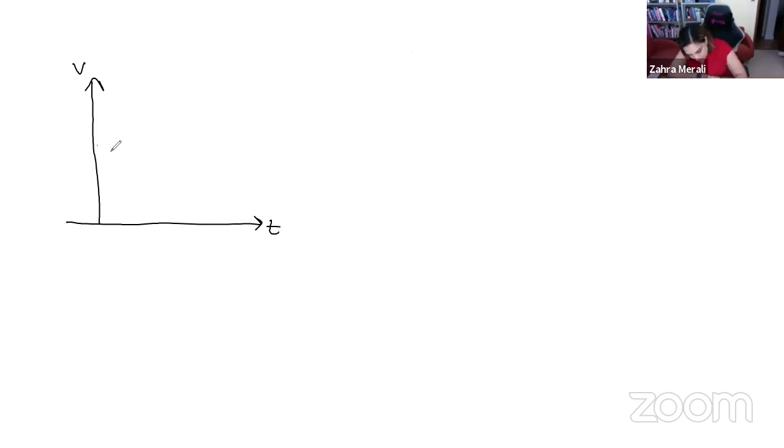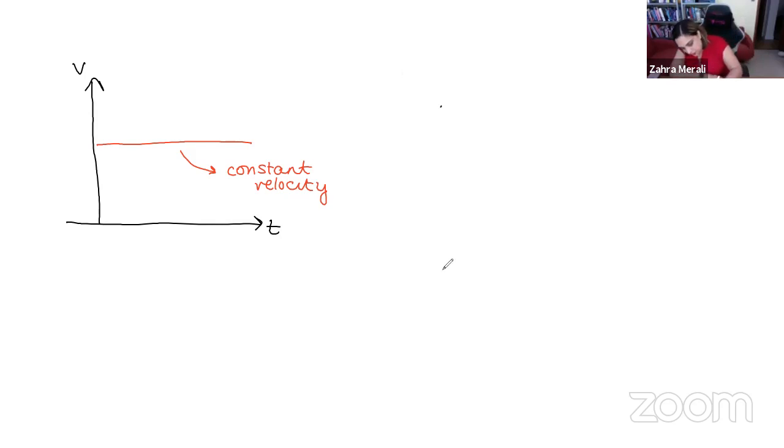So if I have a straight line like this, it doesn't mean it's not moving, it means I've got constant velocity, right? So whatever value that is, it means it's moving, but it's not getting faster, it's not getting slower, it's staying the same. If it wasn't moving at all and it was stationary, that line would have to be on the axis, so it would have to be at 0. But because it's above, we've got some constant velocity.